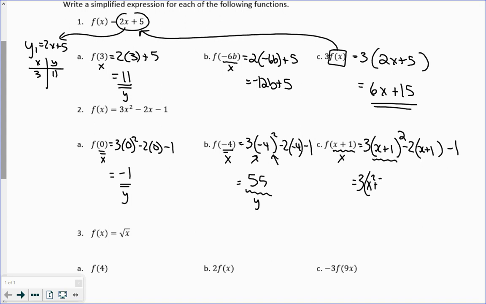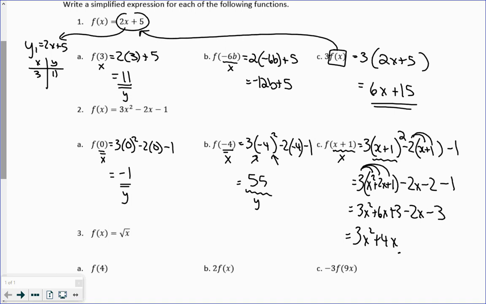So it's x squared plus 2x plus 1, multiply through by the negative 2, and then multiply through by the 3. So again, don't forget your basics of algebra when you're doing this stuff. So add and subtract like terms, and that is your final answer.